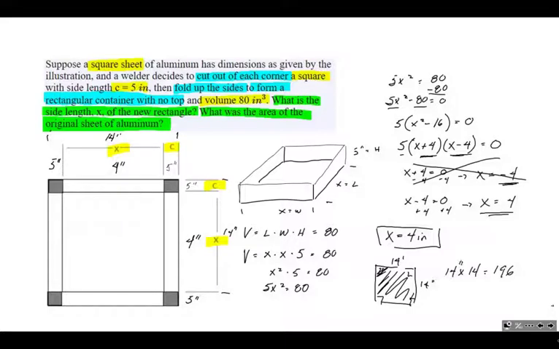We have inches times inches, and that's going to give us square inches. We could also write that as inches squared. And that is the second solution. The area of the original sheet of aluminum is equal to 196 square inches, and that is the solution to this problem.